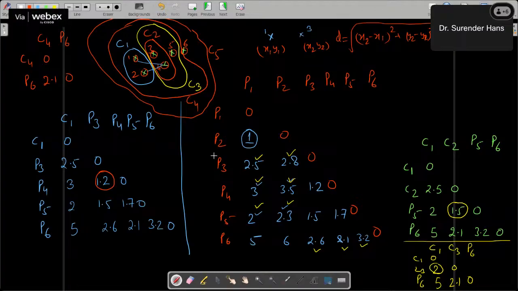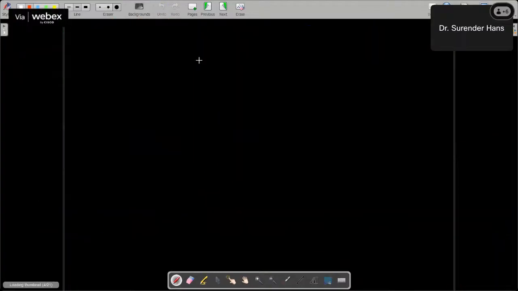Okay, so now this one is the cluster C, and this one, I think we already discussed. So this one, let's say this one is a P3, and this one is a P1, and this one is a P2. So now just find the distance, and let's say this one here, that is C1 and C2.